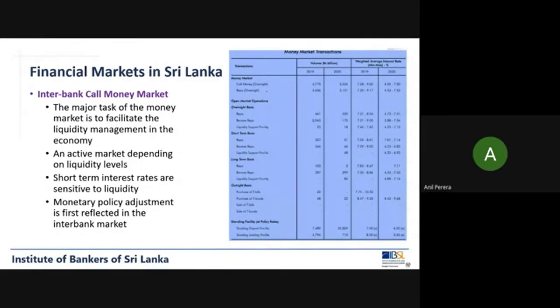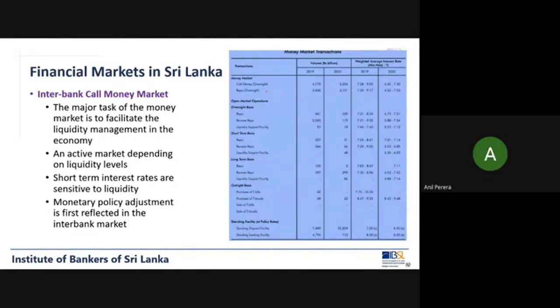Again, as I said, in the repo market, not only banks but primary dealers and EPF are fulfilling their requirements. That's one difference. But other than that, I'm searching for the key difference between these two markets. Any other answer? Any other view? Repo market includes securities?